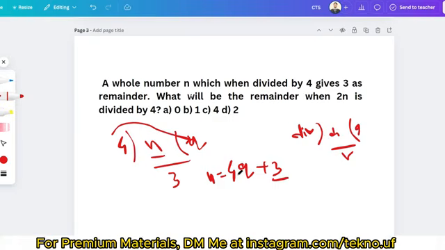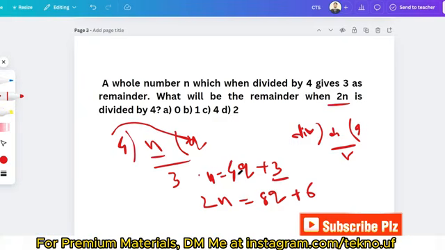It is asked what the remainder will be when 2n is divided by 4. So just multiply this by 2, and 2n becomes 2 into 4q, that is 8q, plus 2 into 3, that is 6. Why have we done this?